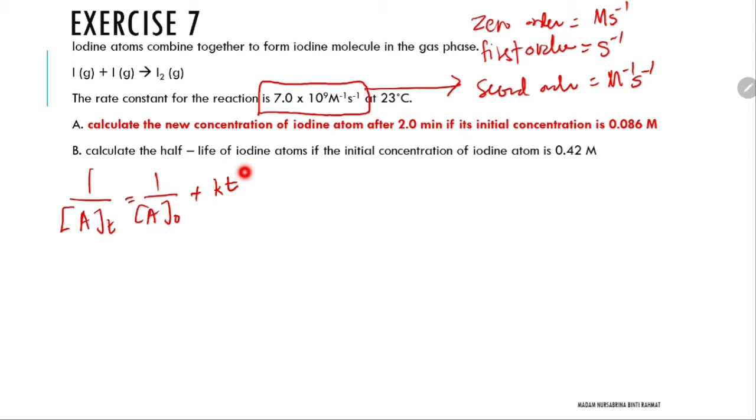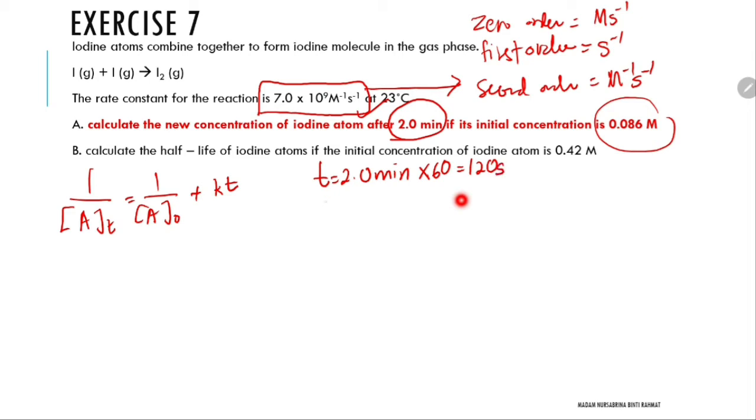Let's solve question A first, which asks you to calculate the new concentration after 2 minutes, if its initial concentration is 0.086 molar. Since the rate constant unit is per second, you need to convert the time into seconds by multiplying by 60, so you will get 120 seconds. So these are the pieces of information that they give you, including the rate constant.